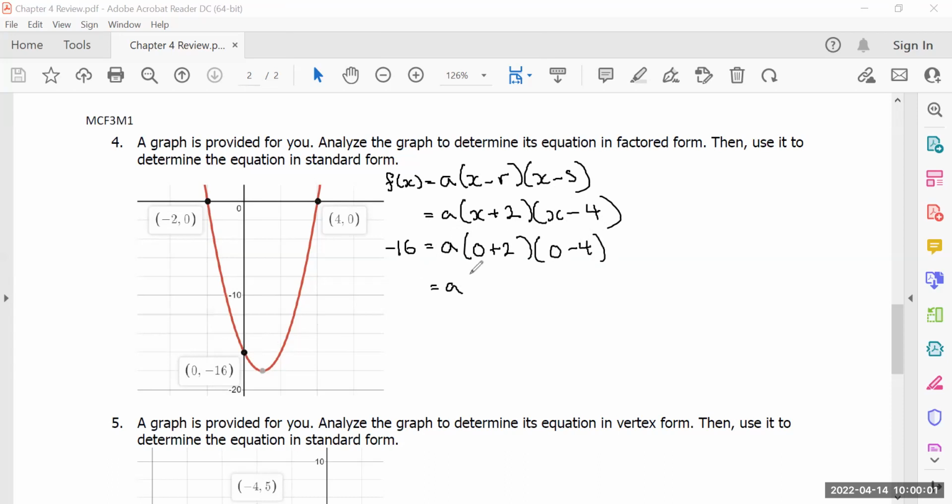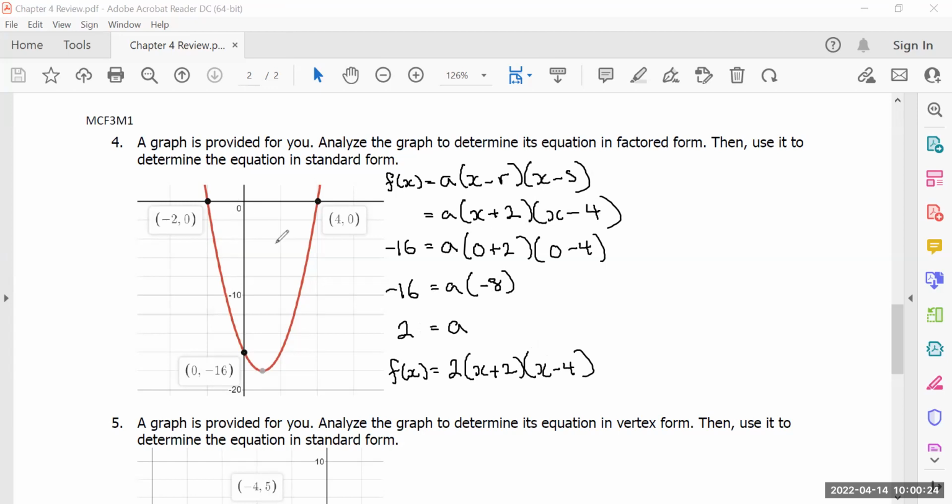So I am going to multiply this out. 2 times -4 is -8. And then get a all alone by dividing both sides by -8. We have a equals +2. My final equation is y equals 2(x plus 2)(x minus 4). Done.